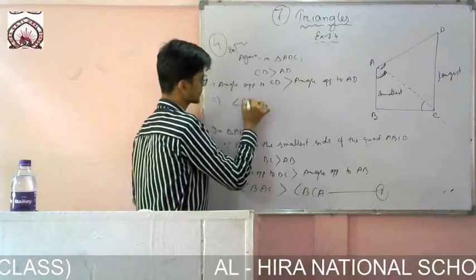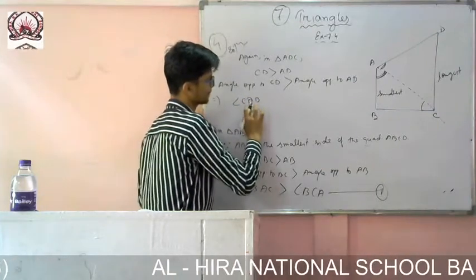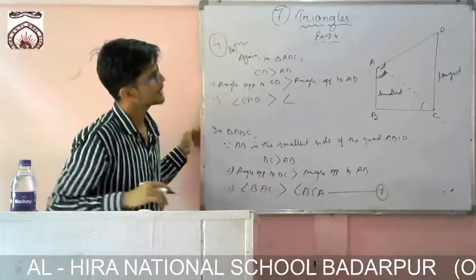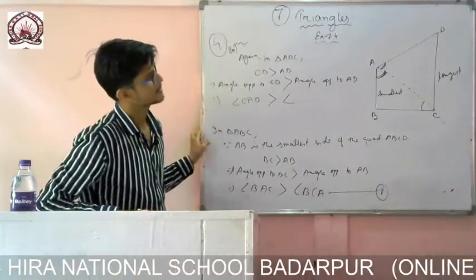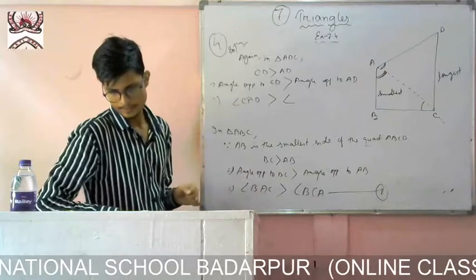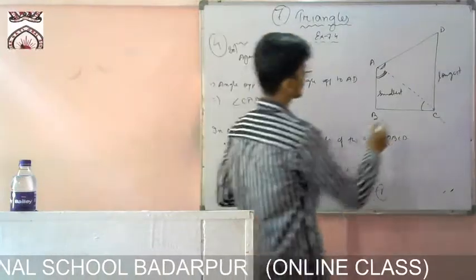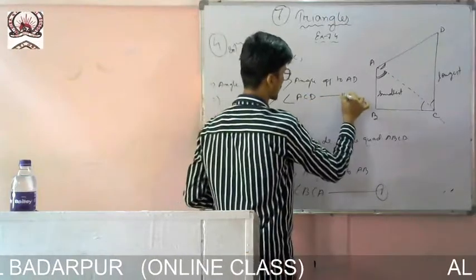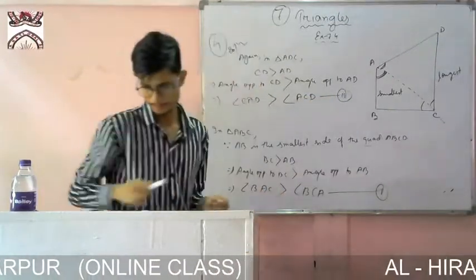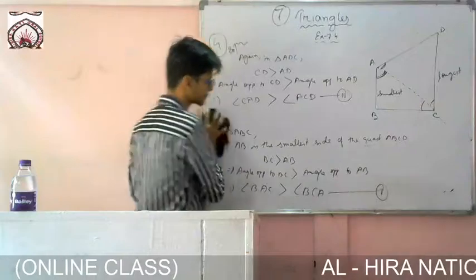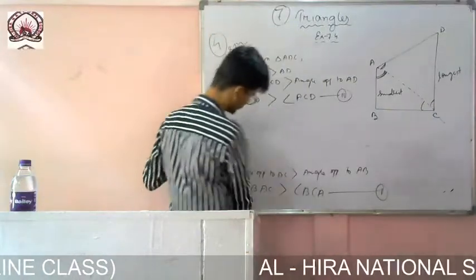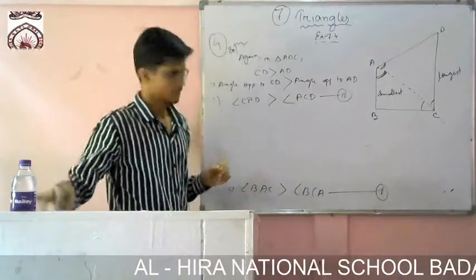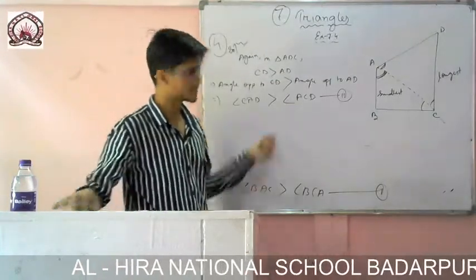Angle CAD will be greater than the angle opposite to AD, which is ACD. So this is our first equation, this is the second equation.